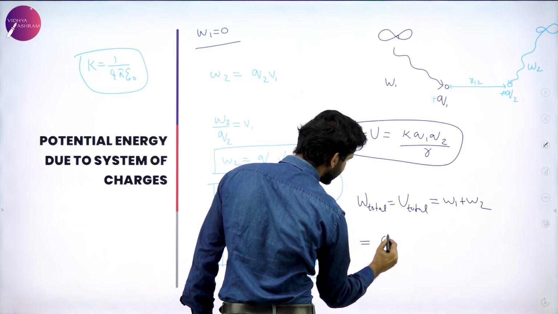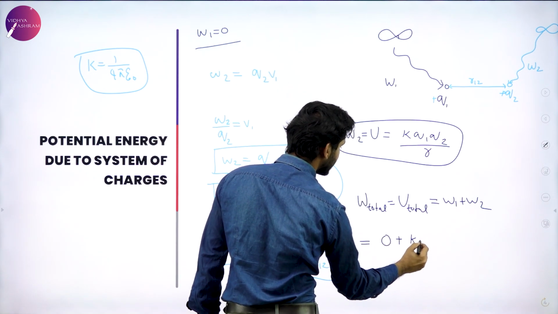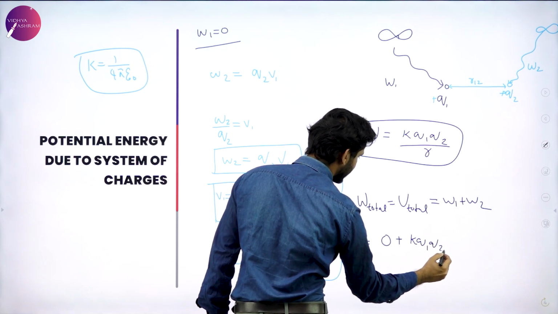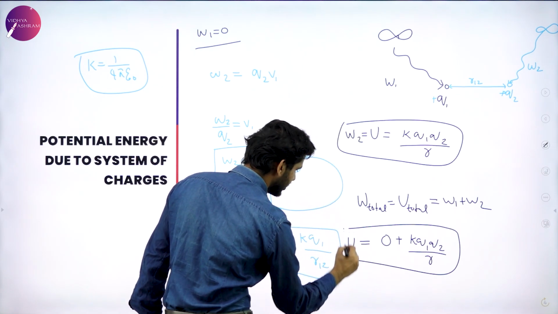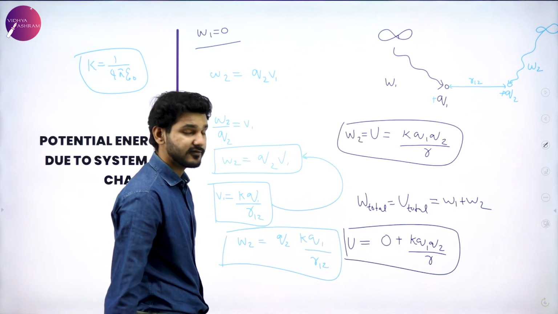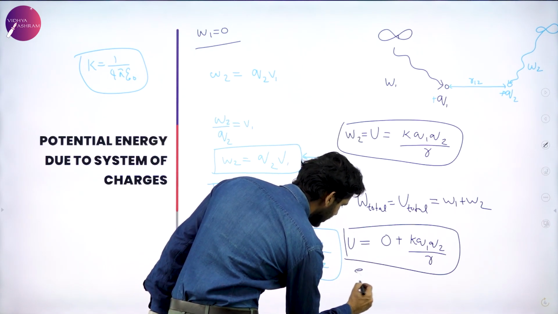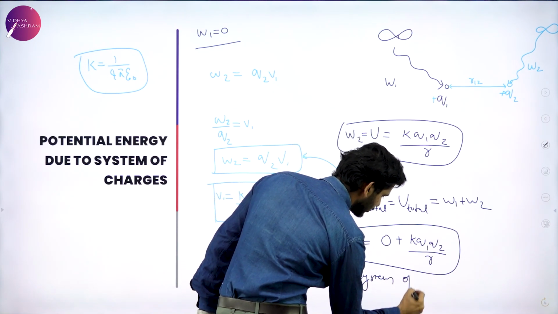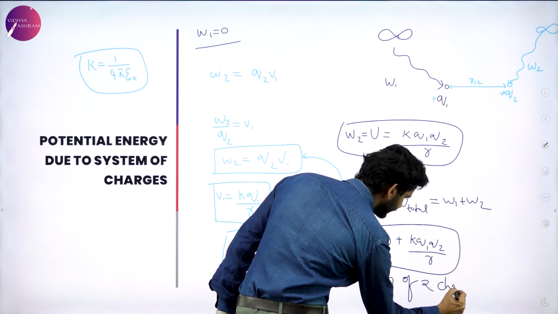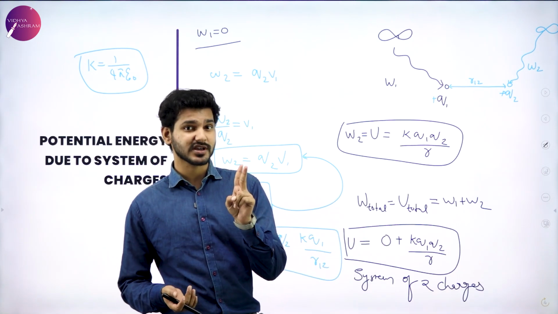So we can say that it is 0 plus K Q1 Q2 divided by R, and that is the potential energy due to a system of two charges. And this is only about a system of two charges.